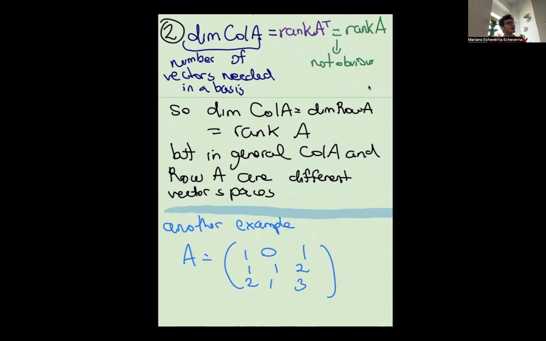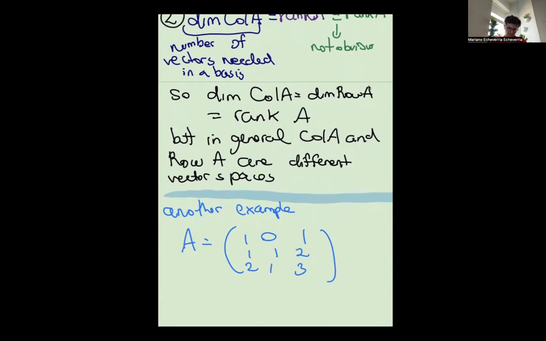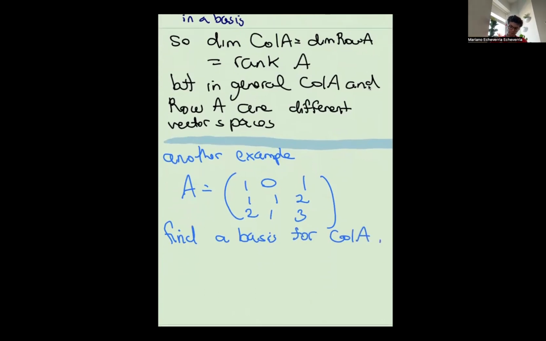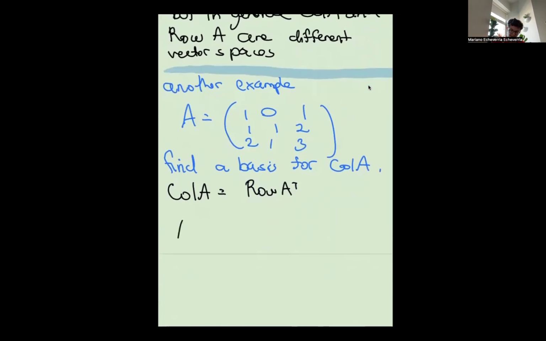So let's find a basis for the column space here. Again, what I want to look at is A transpose. I want to transpose this matrix because I want to use the rows of A transpose.